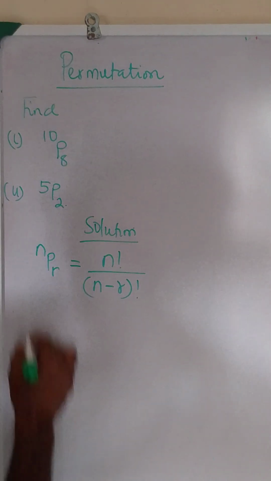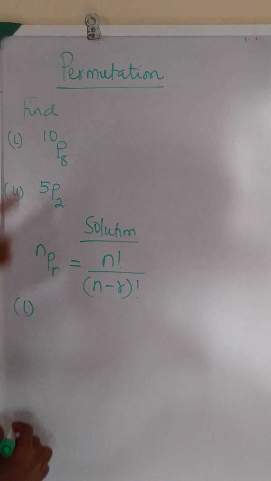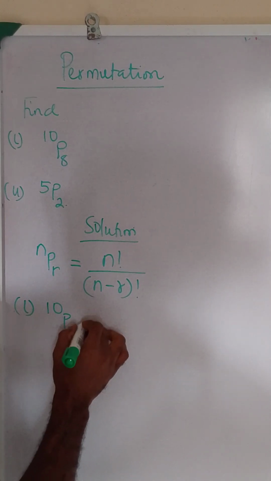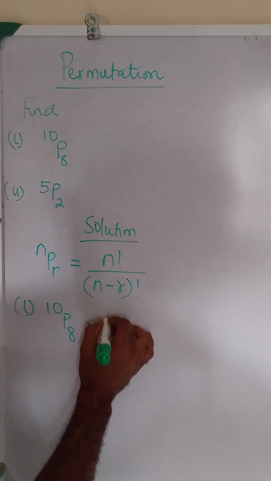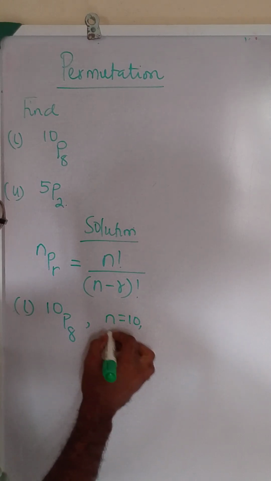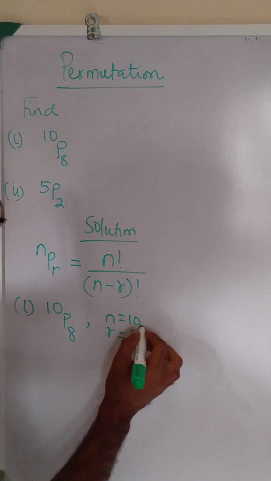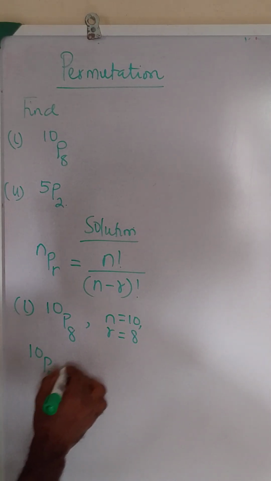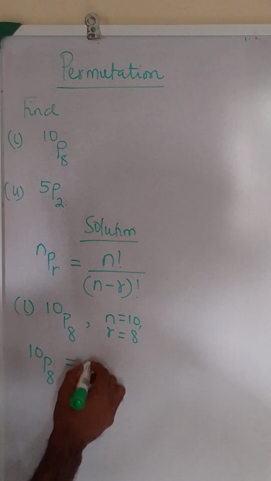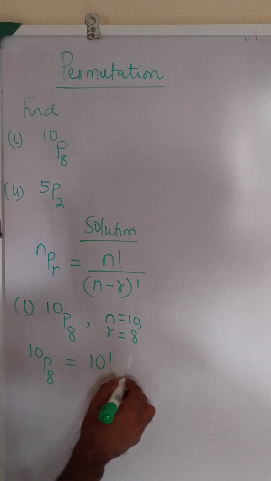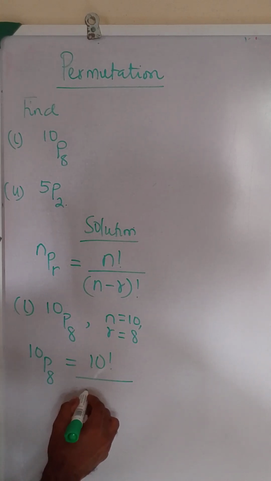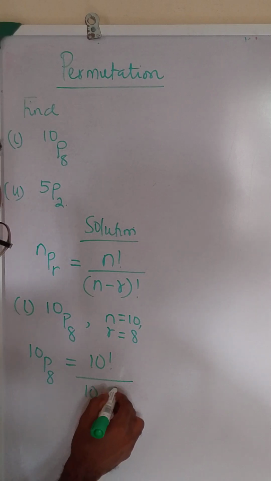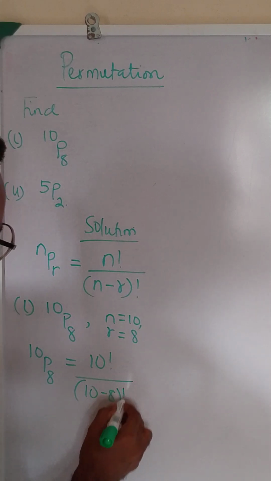So from our example 1, question 1 rather, we are asked to find 10 permutation 8. So from the arrangement, our n is equal to 10, our r is equal to 8. And so our 10 permutation 8 will be equal to 10 factorial all over (10 minus 8) factorial.